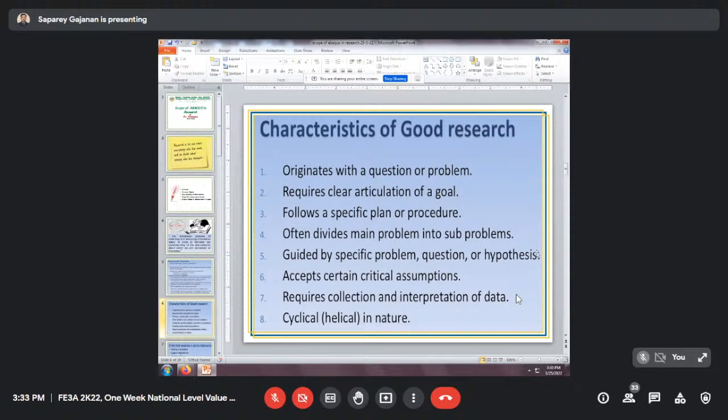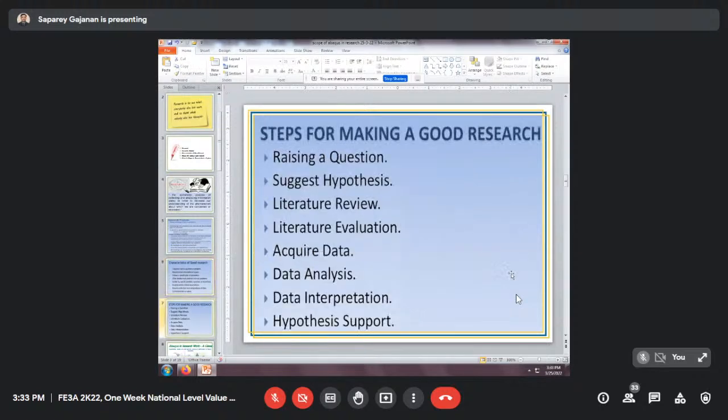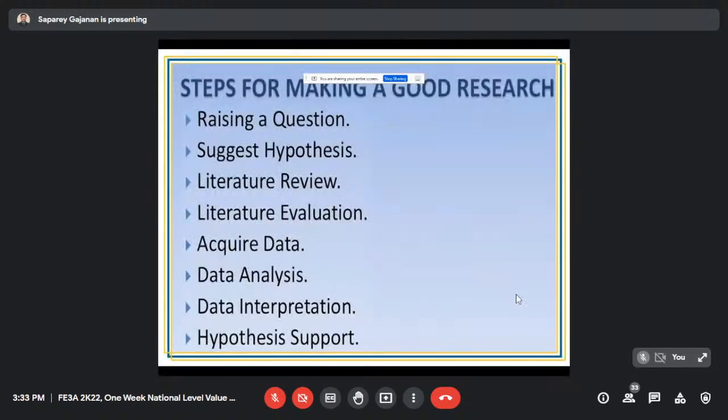I will show one example here, which has been carried out in this research, in this project. PPT, I will show that. Yeah, steps in making a good research. Most of the points that I have just discussed.